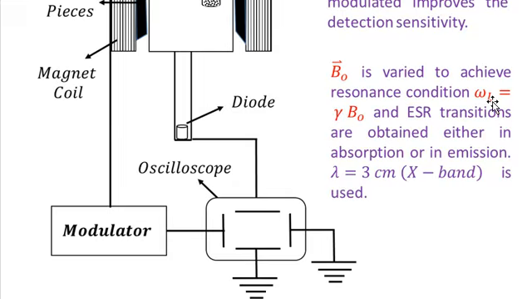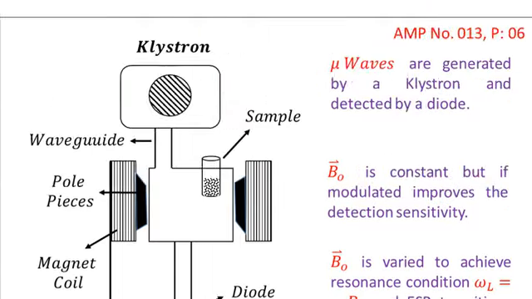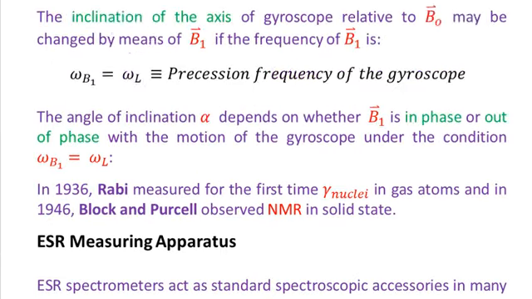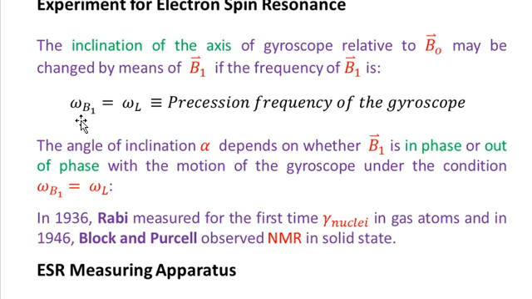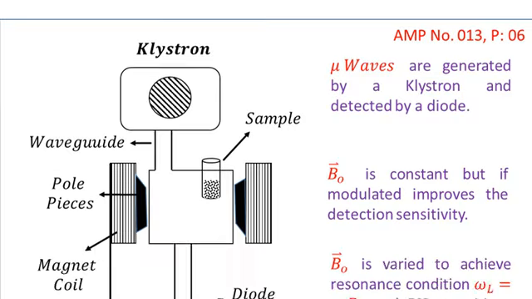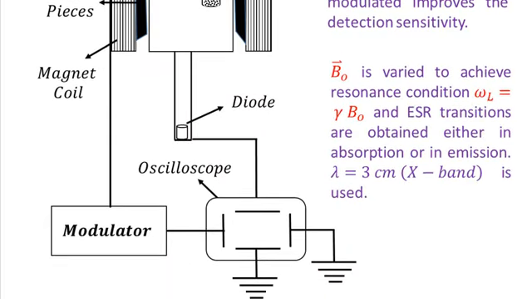This omega L can be taken as the omega of the magnetic field which we have also applied, because the resonance condition also means that the frequency of the magnetic field B1 should be equal to the Larmor frequency. So B naught is varied to achieve the resonance condition.